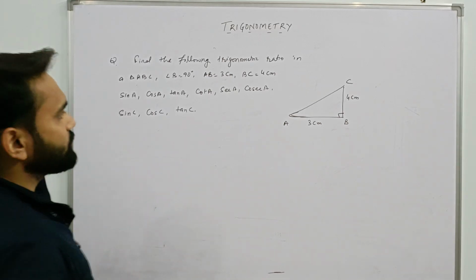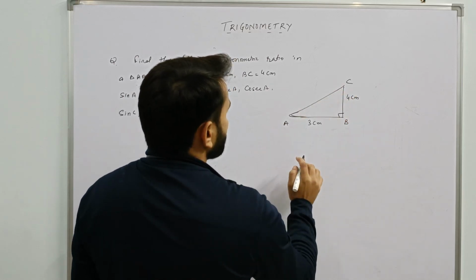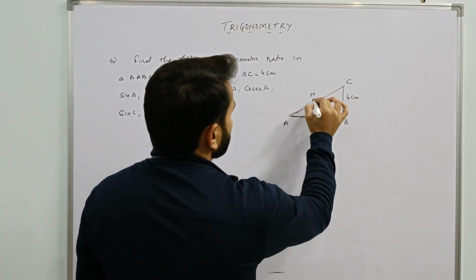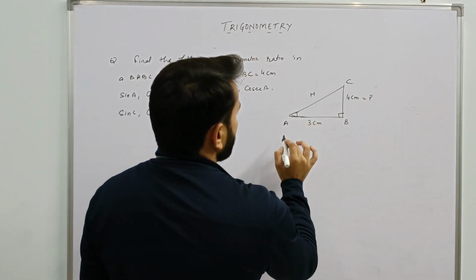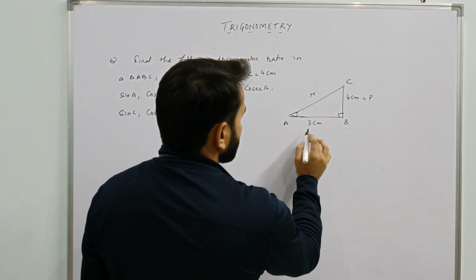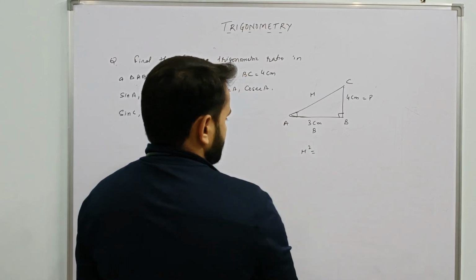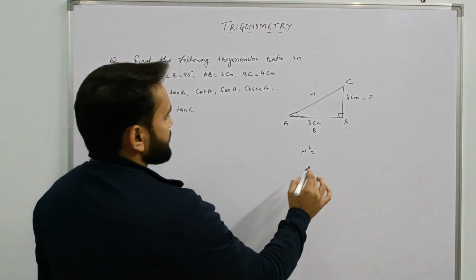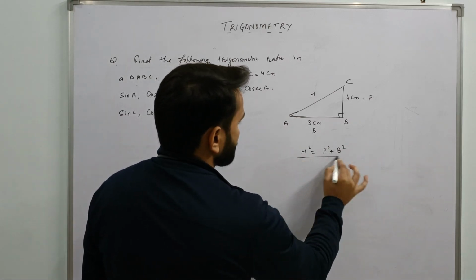Now we know that with the help of Pythagoras theorem I can find the hypotenuse. Here AC is hypotenuse and BC is perpendicular for this angle A, and AB is base for this angle A. So we know that hypotenuse square equals perpendicular square plus base square.